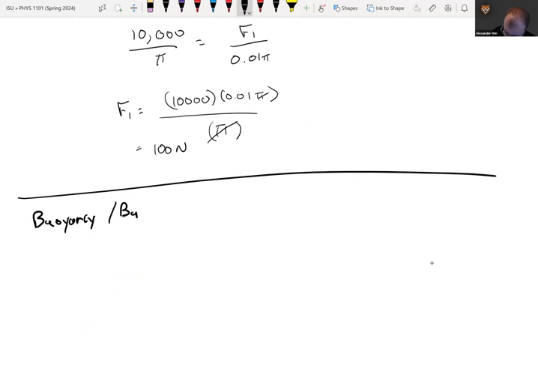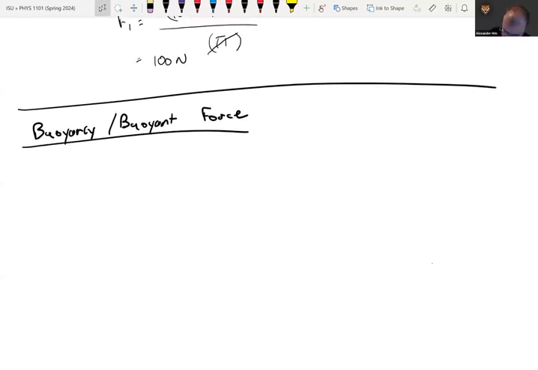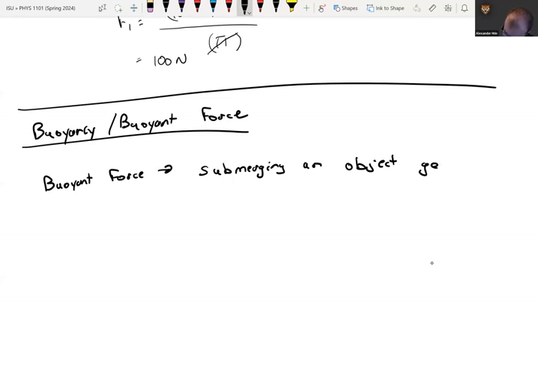Buoyancy, or the buoyant force. The idea behind what buoyant force means is that submerging an object in a fluid generates an upward force from the fluid.